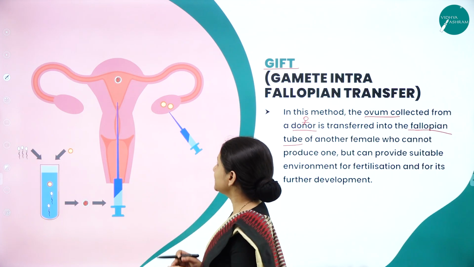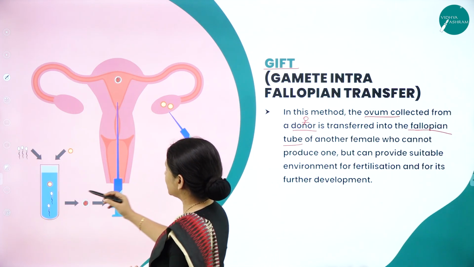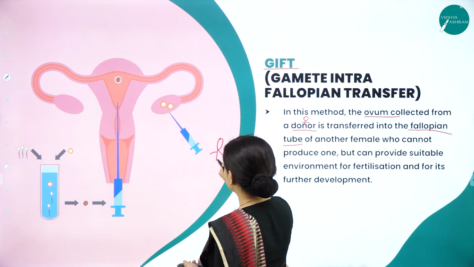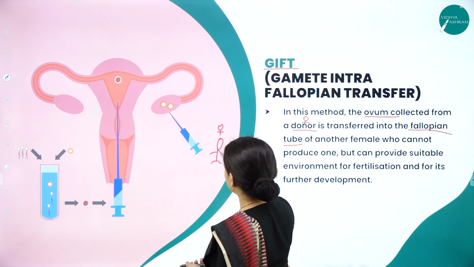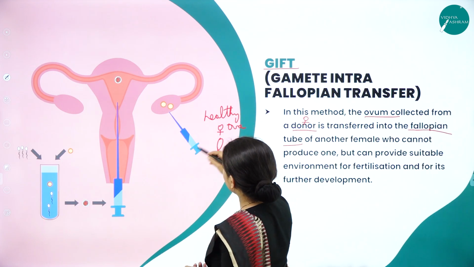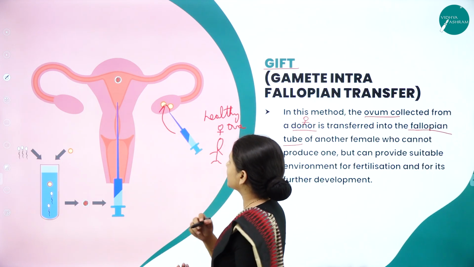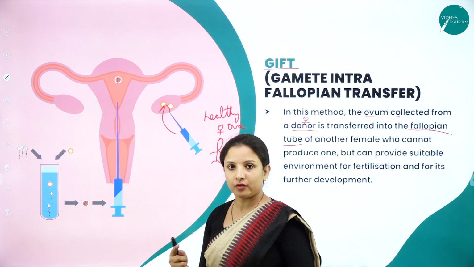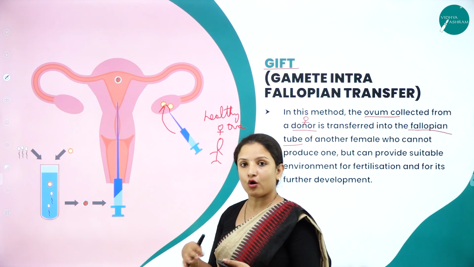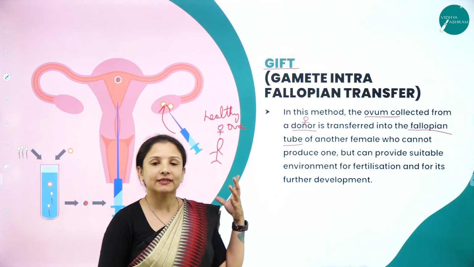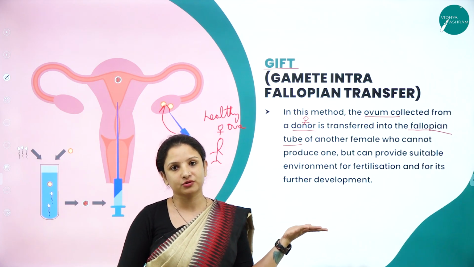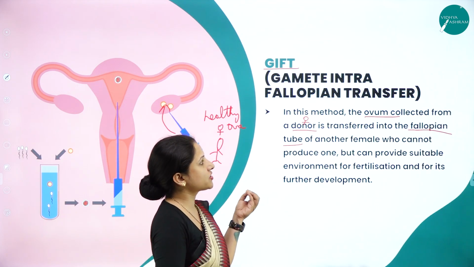So they take a healthy ovum from one female and inject it into the fallopian tube of another female who wants to get pregnant but is not capable of producing a healthy ovum. Later, when the egg travels through the fallopian tube and proper copulation occurs, the fertilization process will happen. So that is gamete intrafallopian transfer.